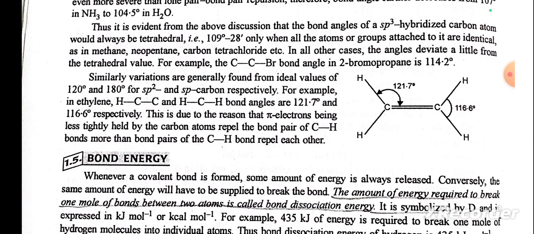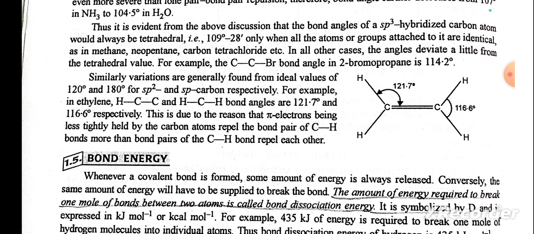Thus, it is evident from the above discussion that the bond angle of an sp3 hybridized carbon atom will be exactly tetrahedral only if all the atoms or groups attached to it are identical, as in methane, neopentane, and carbon tetrachloride.